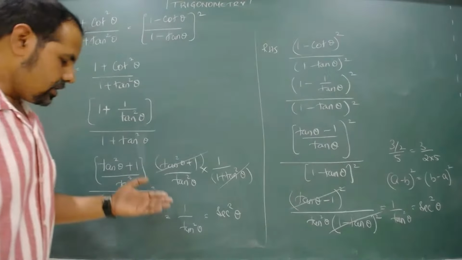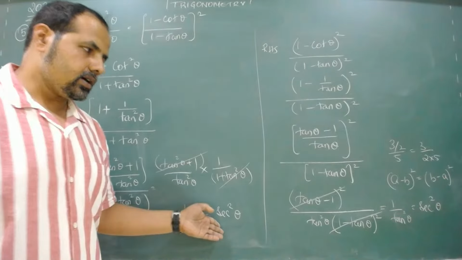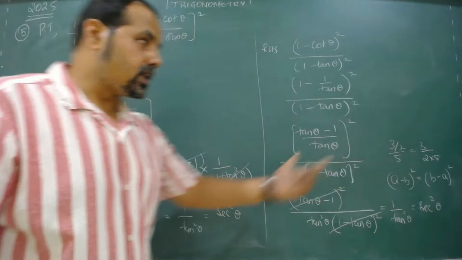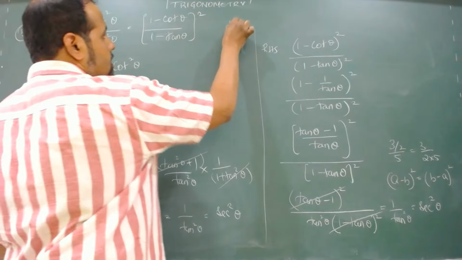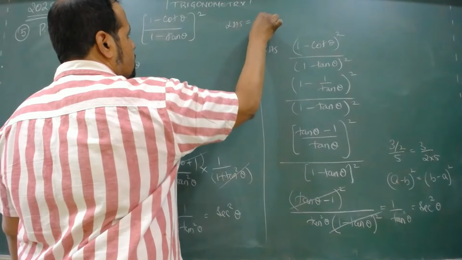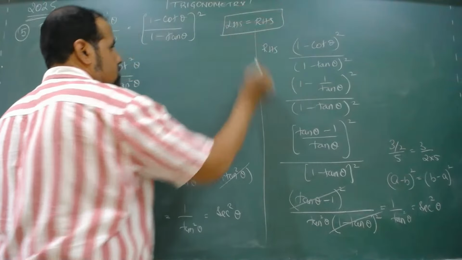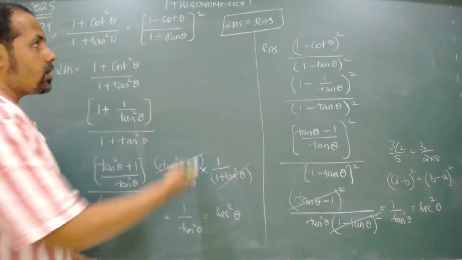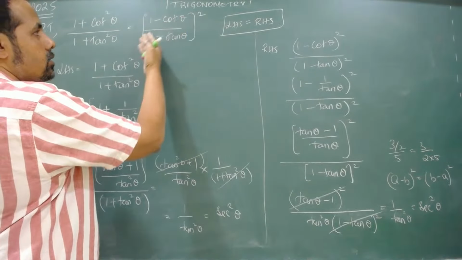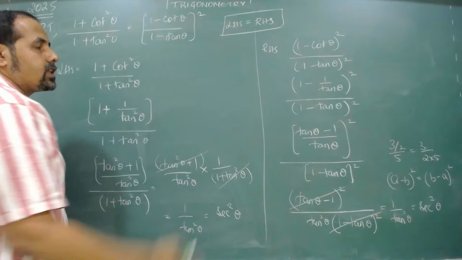Now look here, the left hand side is cot square theta, right hand side is also cot square theta. Therefore I can say that LHS is equal to RHS. So on simplifying the left hand side, I did not get the right hand side expression directly.